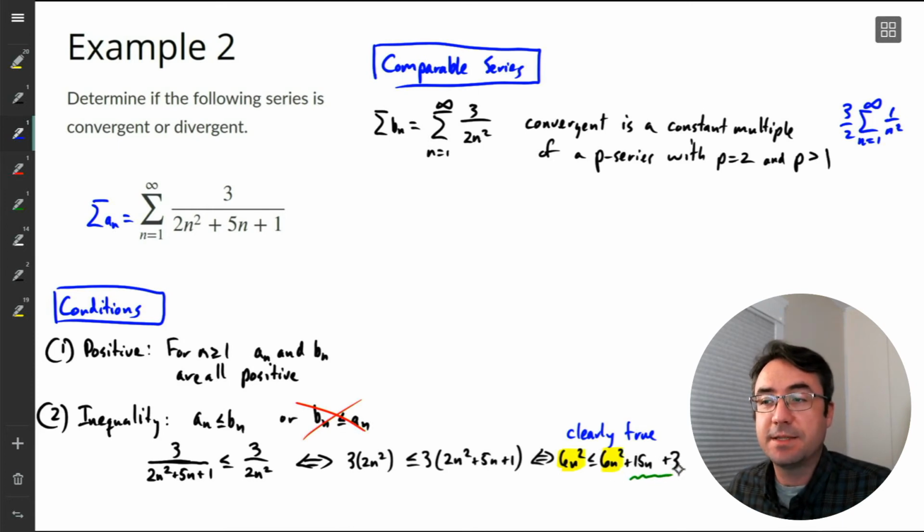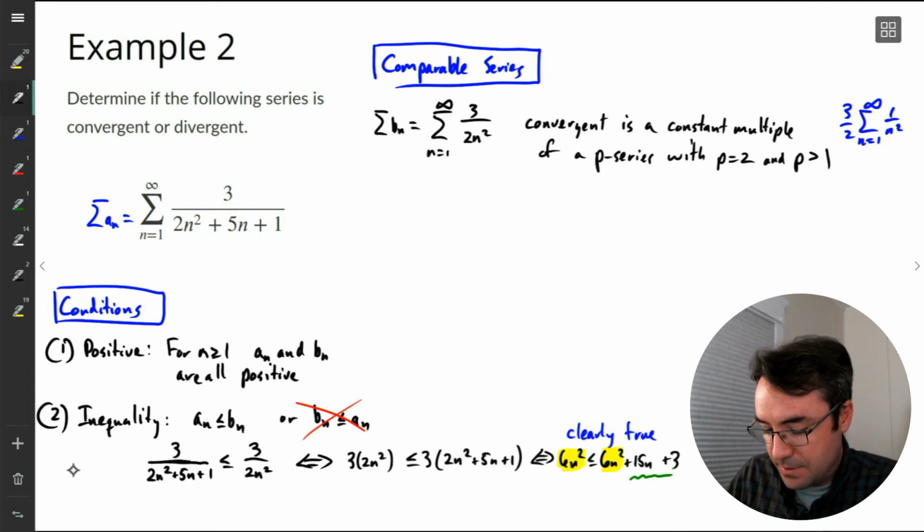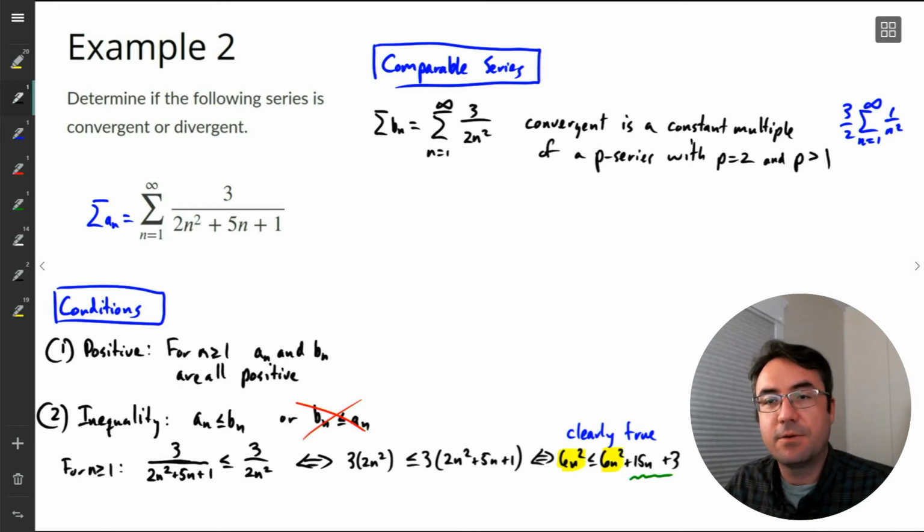So the right-hand side of this inequality is clearly larger than the left-hand side. And again, it's because n is greater than or equal to 1. So that's the extra assumption here. For n greater than or equal to 1, that 15n is going to be positive. So it's definitely going to be bigger.